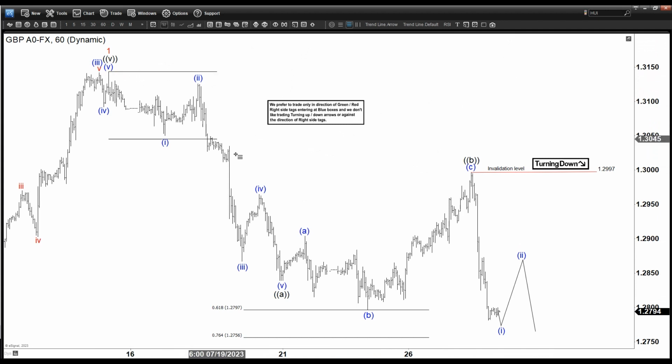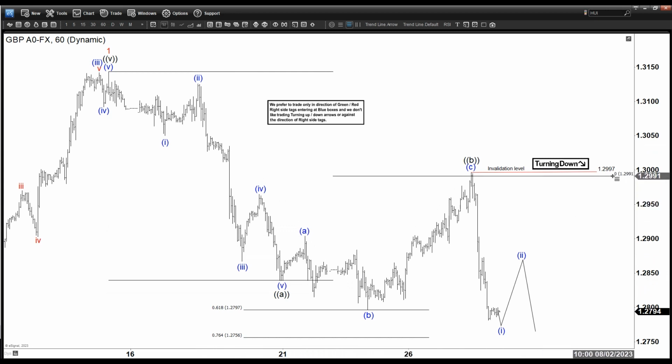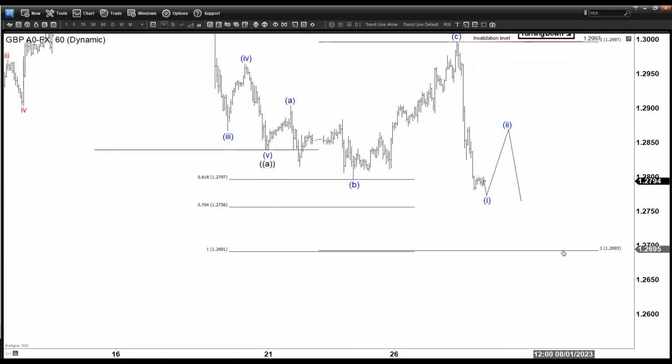That doesn't mean it always has to be. Sometimes it's more, sometimes it's less. But probability wise, most likely it can go down to 100%. If I measure the extension of ABC, you can see the 100% extension here is around 126.90.